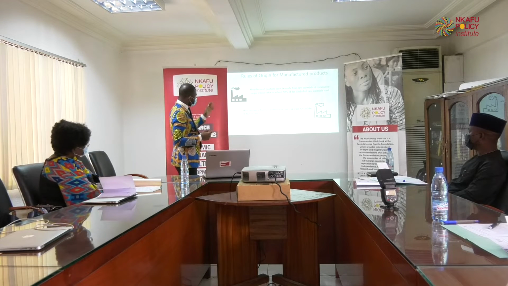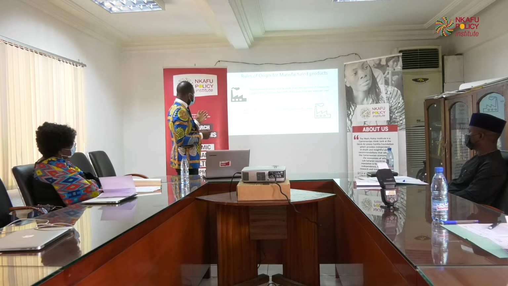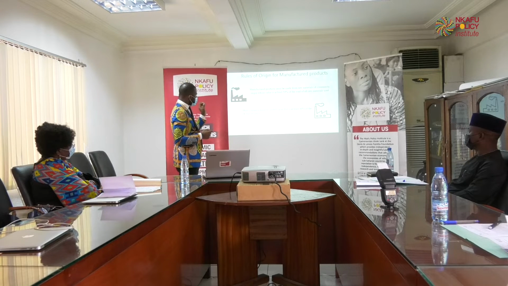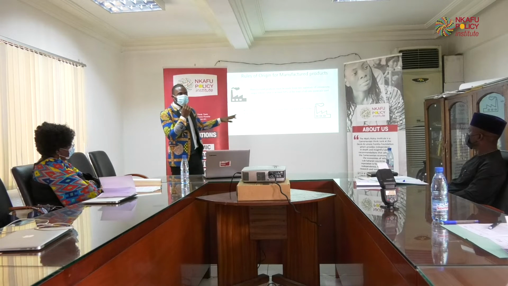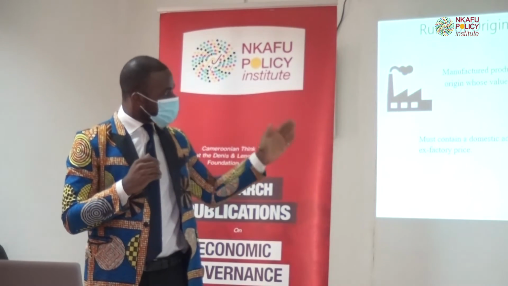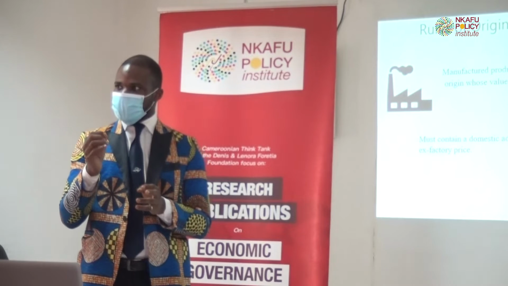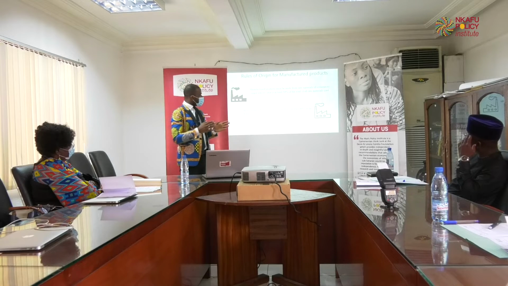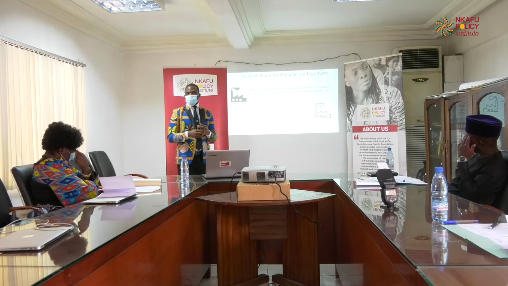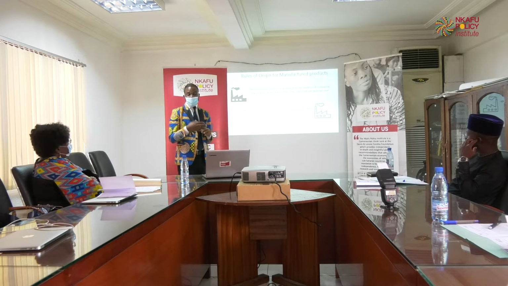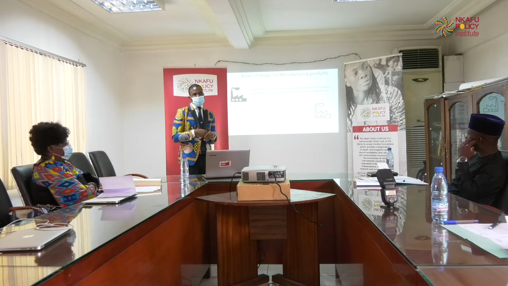Now, this is for manufactured products. Rules of origin must contain a domestic value added that is at least 40% of the ex-factory price. This is where it's important in trade agreements to understand how rules of origin function, because we need to be sure that the people who supply the raw materials are able to benefit from it.